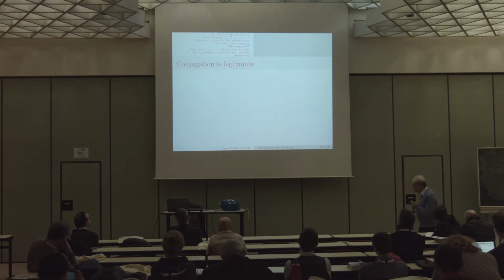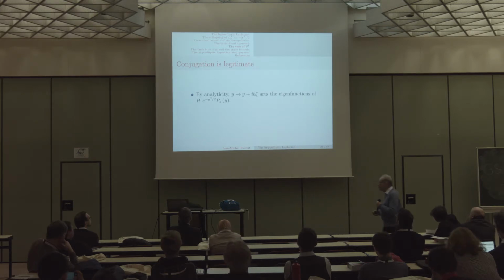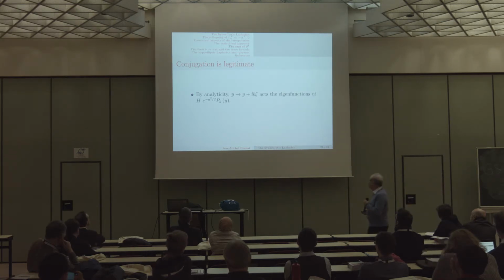In some sense, though, the conjugation is legitimate. I mentioned before that this conjugation was equivalent to translating y in the imaginary direction. But such translations are authorized in our case because precisely the eigenfunctions of the harmonic oscillator are analytic. And so indeed, on these you can make such imaginary translations.